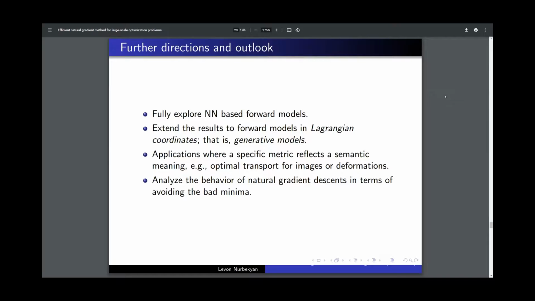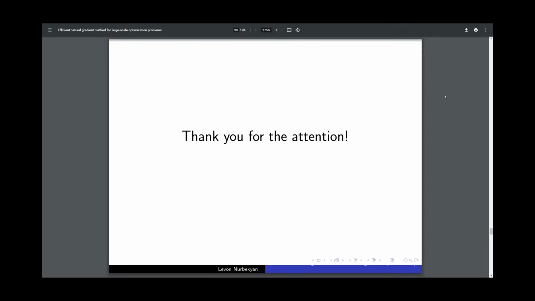For instance, if you're morphing images, optimal transportation distance seems to be semantically meaningful. And also the analysis of behavior of these natural gradients from a rigorous point of view, in the sense that can we provide a theory where we say in some cases we recover the good minima, in some cases not. So yeah, with that, I'd like to thank you all for the attention. Thank you very much.